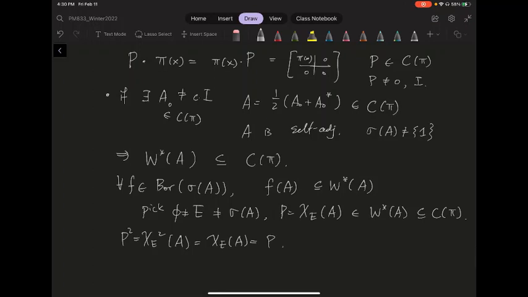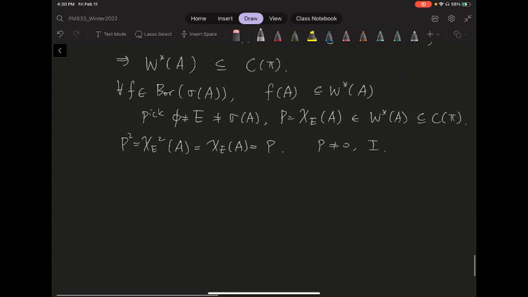And because E is not empty and not the entire space, this P is not equal to 0 and not equal to the identity, so you have some orthogonal projection P inside the C of pi. And if you let H0 be the range, PH, close it if you like.